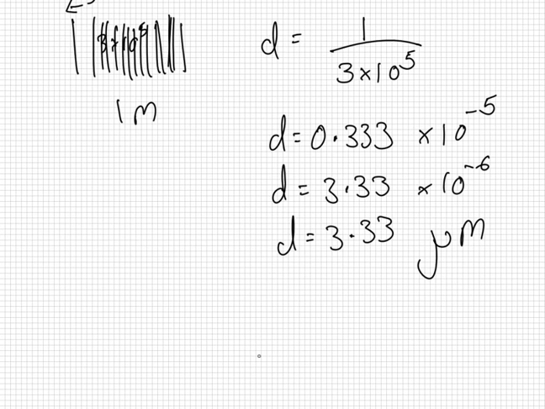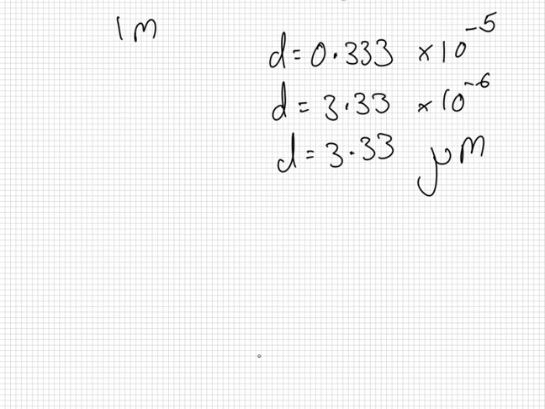The first formula is lambda equals xs over d, and then the second formula, which is not actually in the formula book, it looks like, is n lambda equals s sine theta.